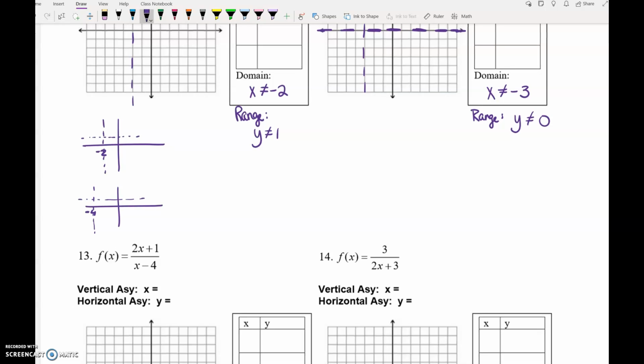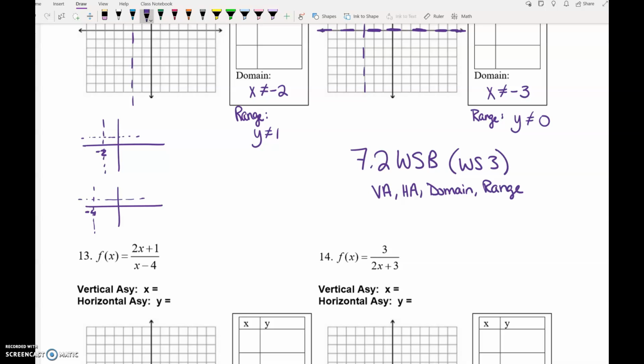So on your assignment, it's called 7.2 Worksheet B, and then in parentheses it says that it's worksheet number 3 in this packet. There's 4 graphs. I want you to find the vertical asymptote, the horizontal asymptote, the domain, and the range. And then I want you to draw the asymptotes with dashed lines.